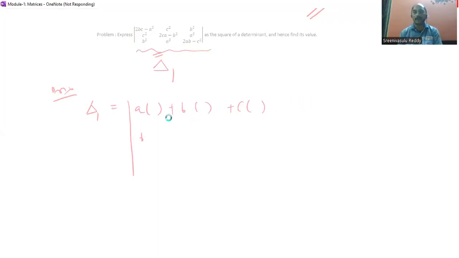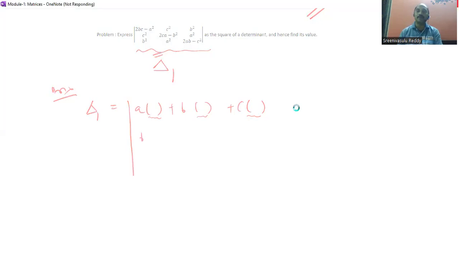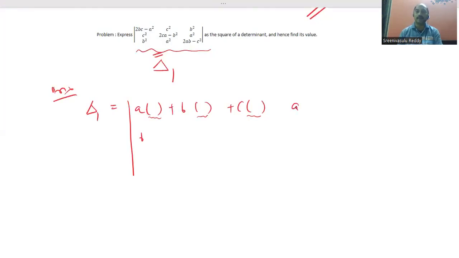We will see which value is there in the braces, because we have the value 2BC, BC minus A square, in the first row, first element. So after substituting in these braces, finally we want to get this value. Likewise, we need to substitute. In the first row, second element is also the same thing.